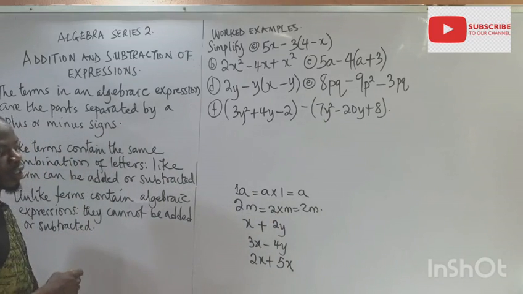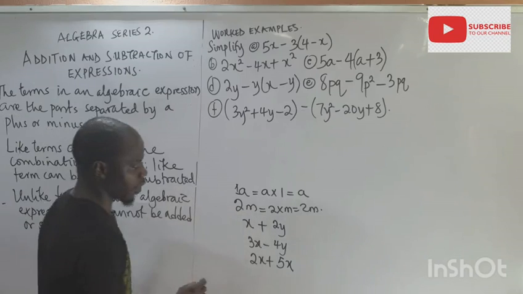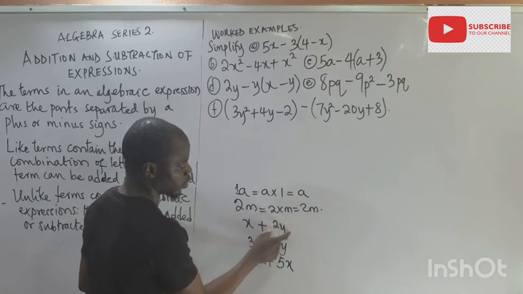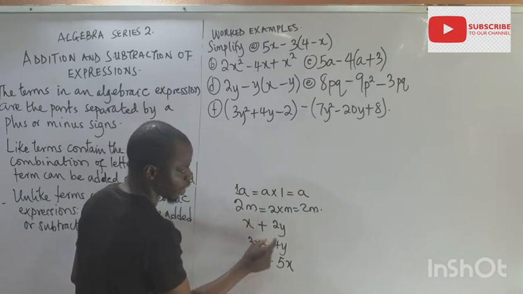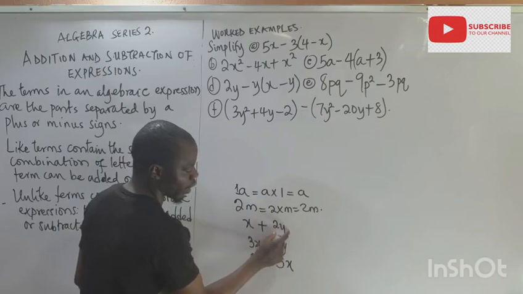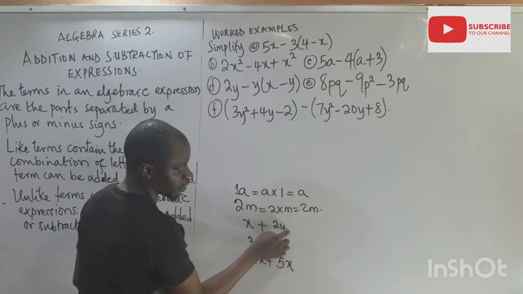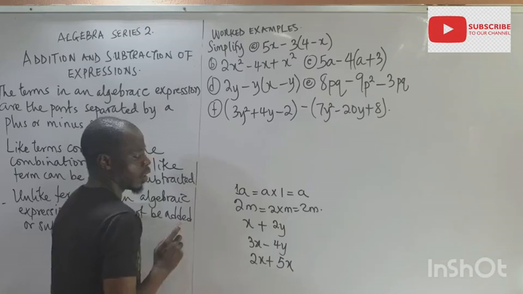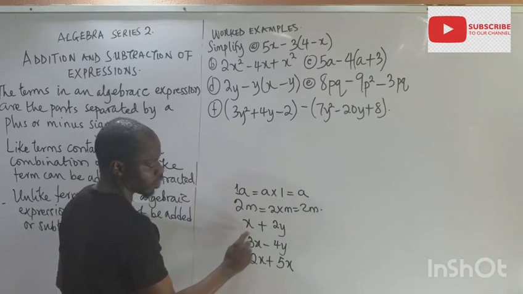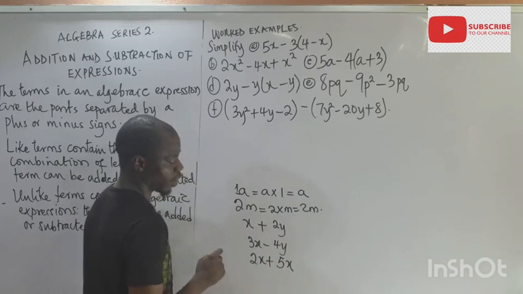Now, another basic thing that we need to understand is what we call the like term. Now, we have established the fact that this is a term and this is another term. So when we are now talking about like terms, just like what we have here, this is x and this is y. You have 2y and x here. 2y as a term and x as a term are not like terms because their variables are not the same, that is, x and y are not the same.